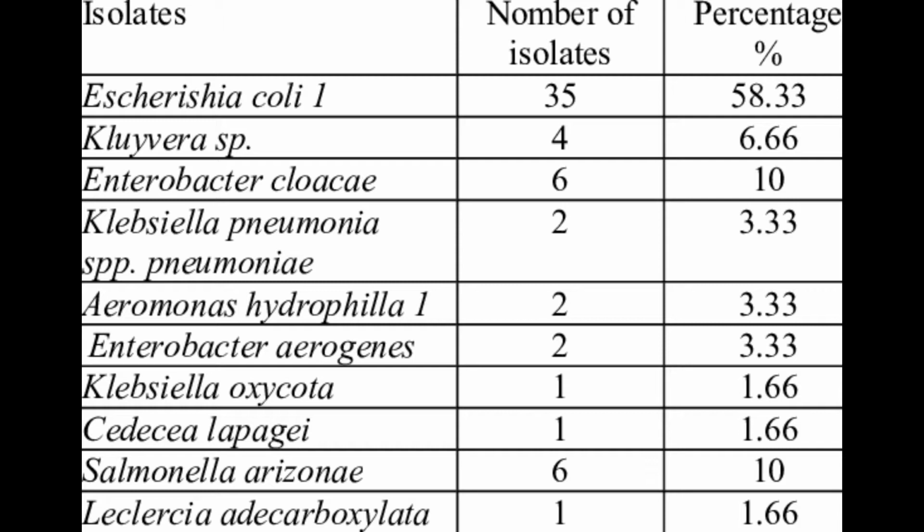The selective medium employed is SMAC or sorbitol MacConkey agar. Their expected colonies: EHEC or O157:H7 are colorless colonies on SMAC.